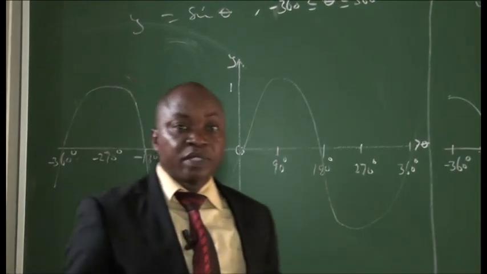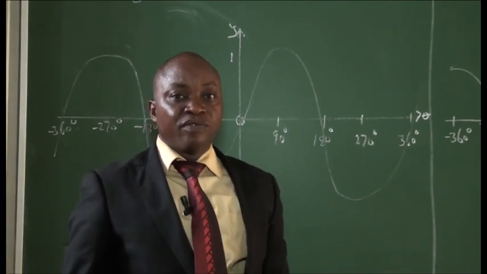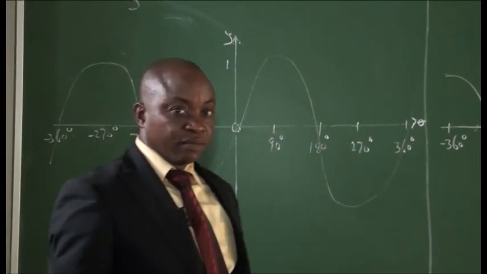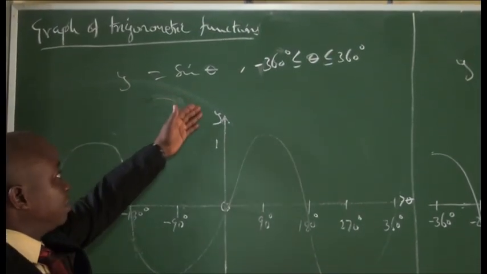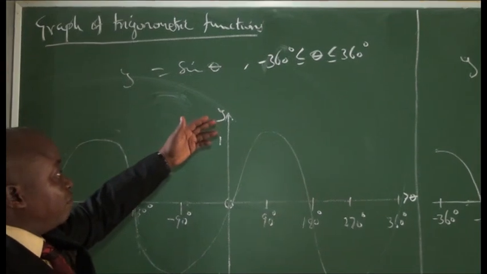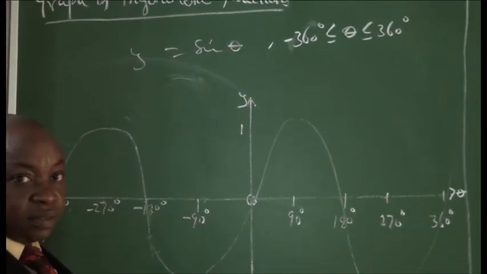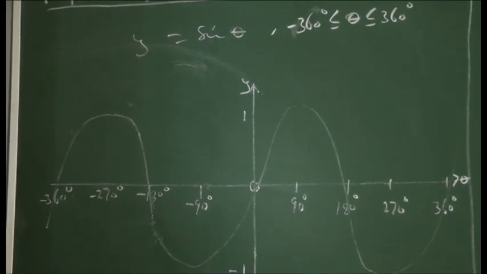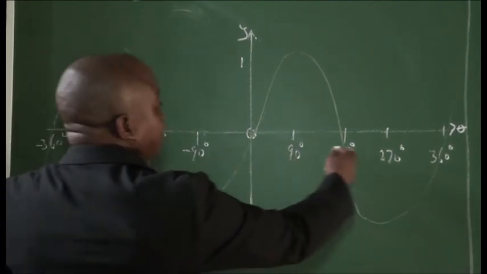So in this particular topic, we are looking at graphs of trigonometric functions. We start with the graph of y equals sine theta from minus 360 degrees to 360 degrees. Now this is the graph, and this is the theta axis.